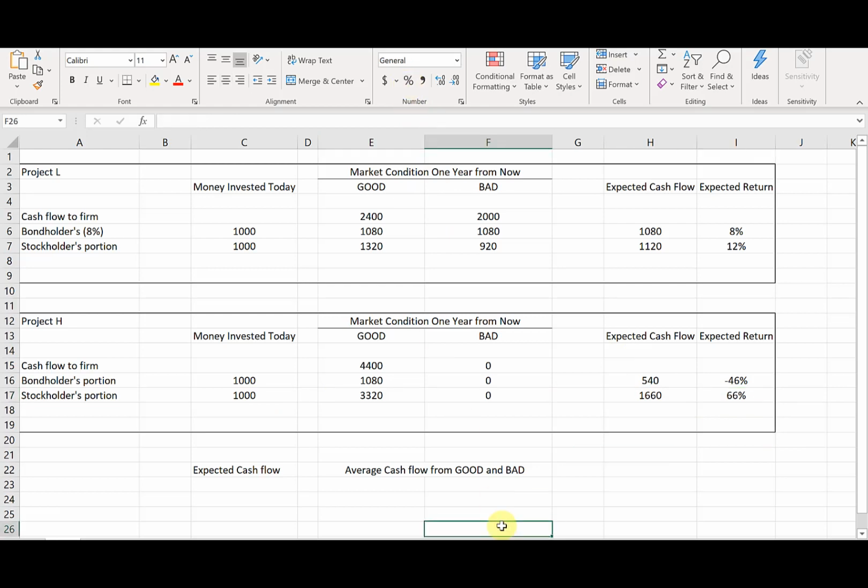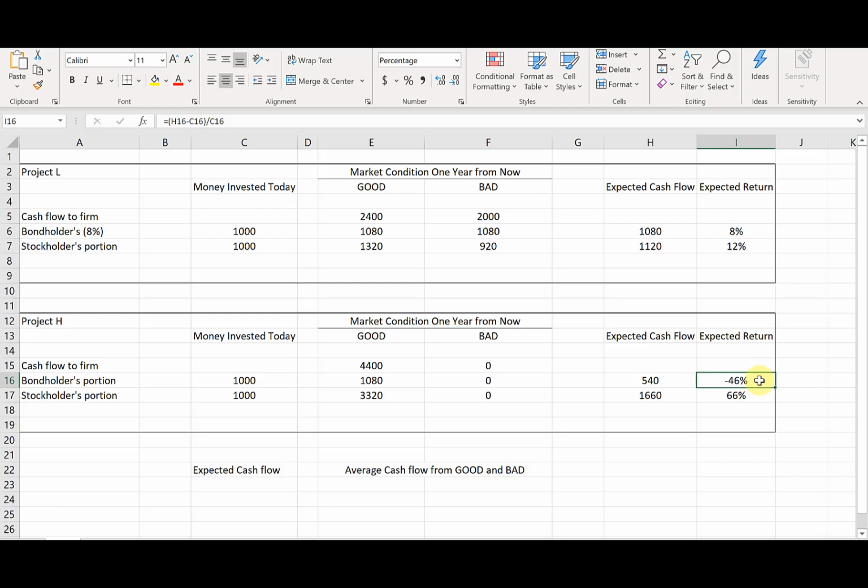There you go. So stockholders on average are looking at a return of 66%, and bondholders in Project H would receive an average return of negative 46%.